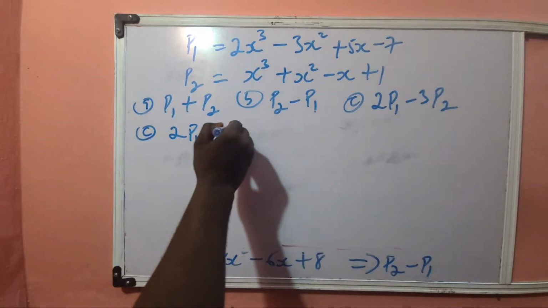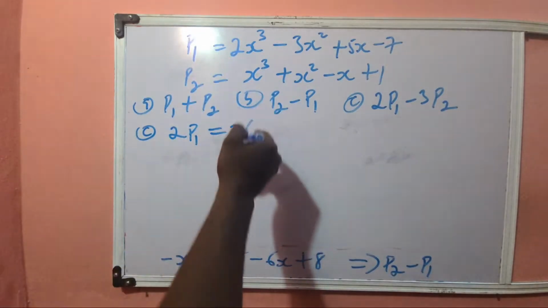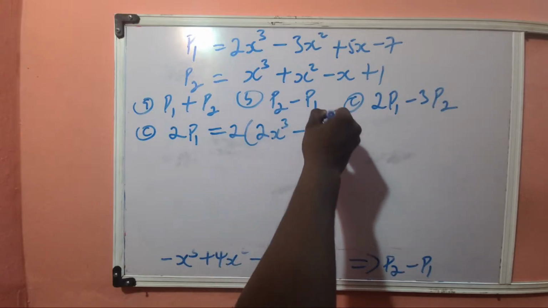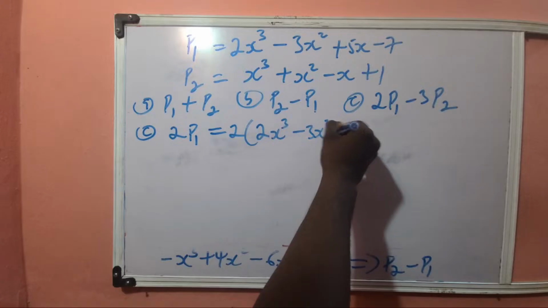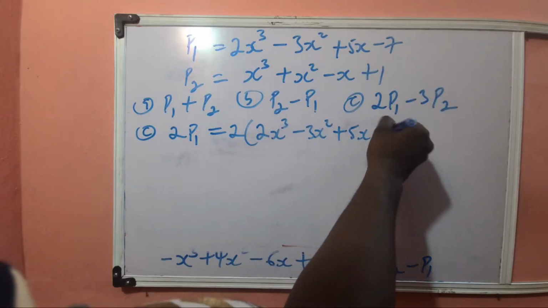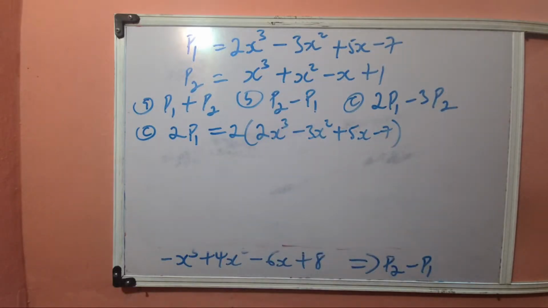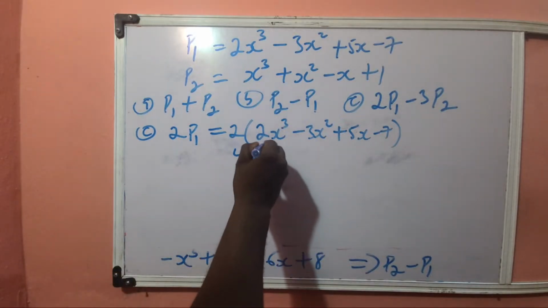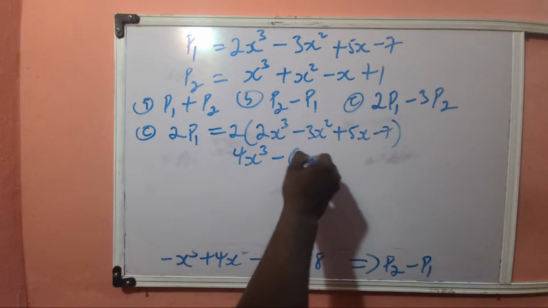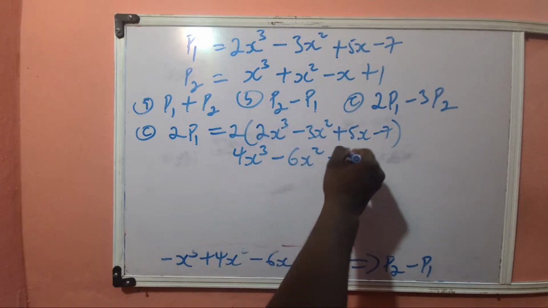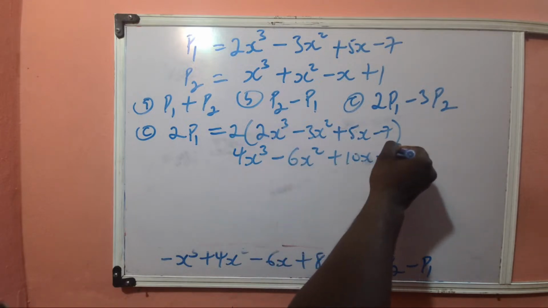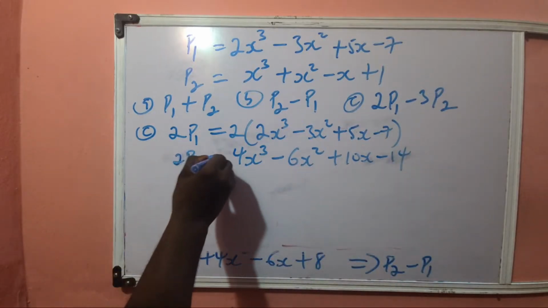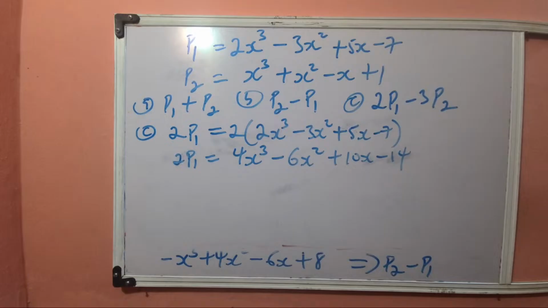So you want to go on to have 2 into brackets, whatever P1 was, that's 2x cubed minus 3x squared plus 5x minus 7. So you want to examine this, and this will give you a value of 4x cubed minus 6x squared plus 10x minus 14. So this is my value for 2P1.